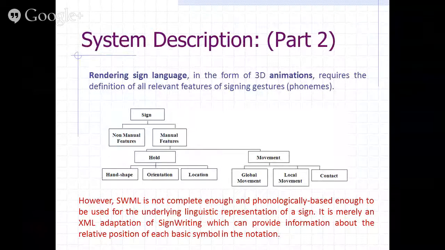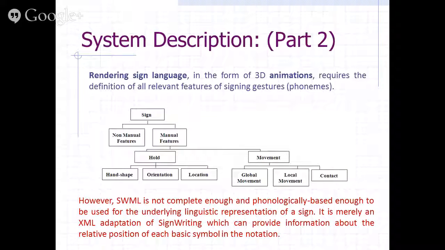All right. Rendering sign language in the form of 3D animation requires the definition of all relevant features of signing gestures, which are phonemes. So we've got a little graphic here.